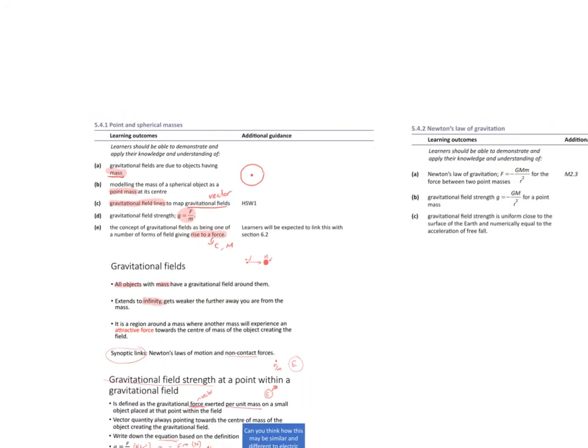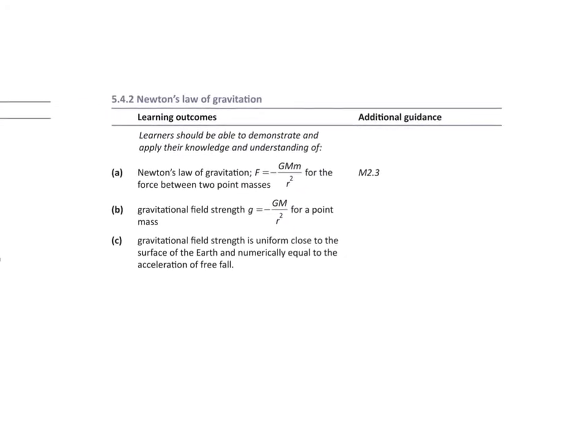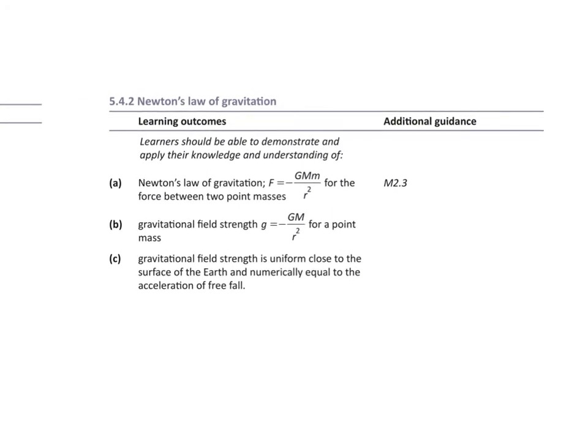So yeah, we're going to move now to the next things that you need to know. You should be able to demonstrate and apply knowledge and understanding of Newton's law of gravitation. This equation is given to you, so you don't have to memorize any of it. But you do need to be able to state Newton's law properly.